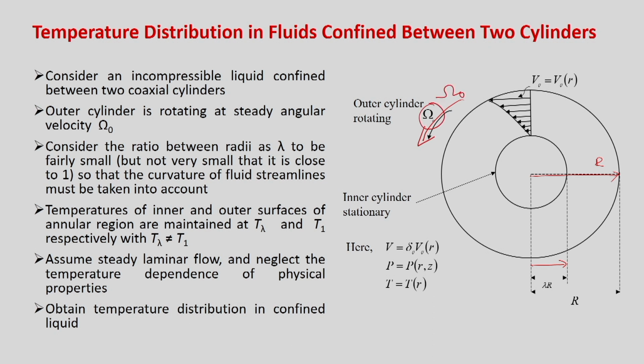The inner cylinder is at temperature T lambda, and the outer cylinder is at temperature T1. Because these two temperatures are not equal, heat is transferred between these two regions through the fluid, which fills this confined area.